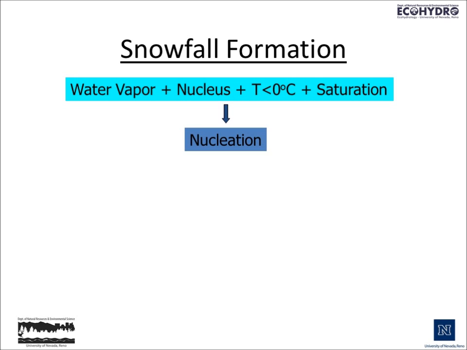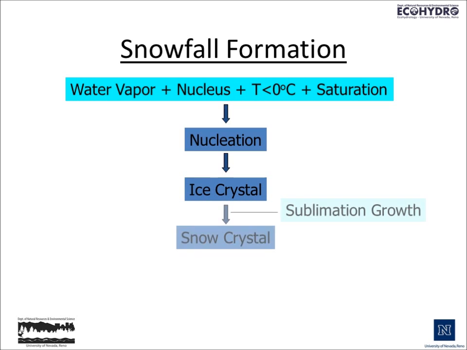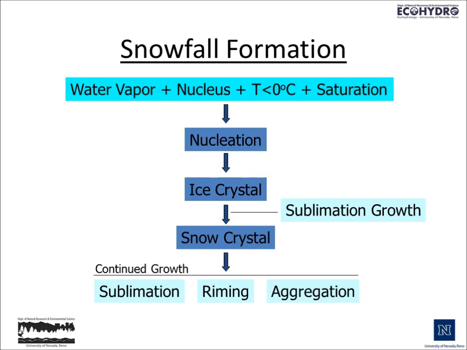If we introduce a freezing nucleus, we'll get ice crystals, which can grow to become snow crystals, to have sufficient mass to escape the cloud in response to gravity.